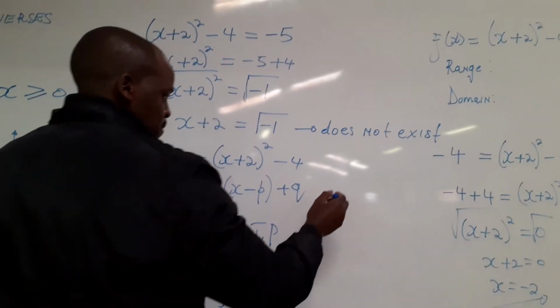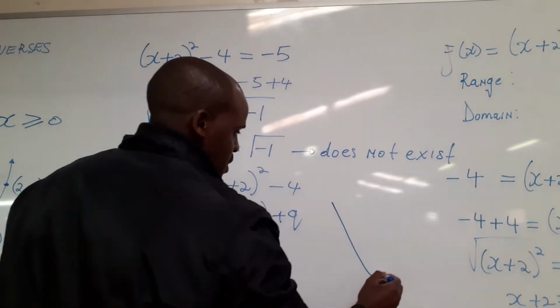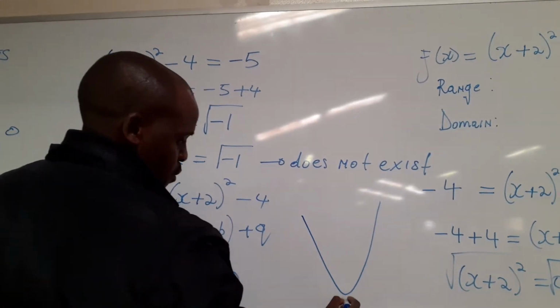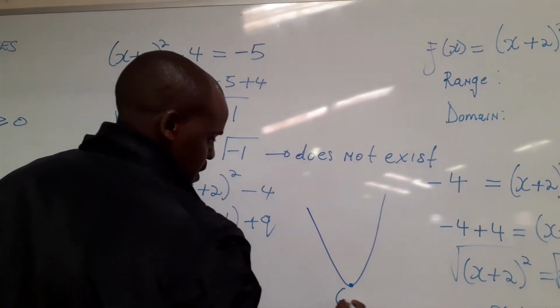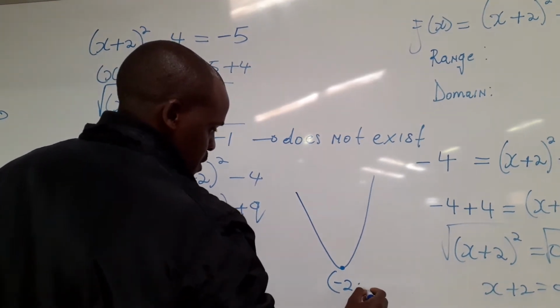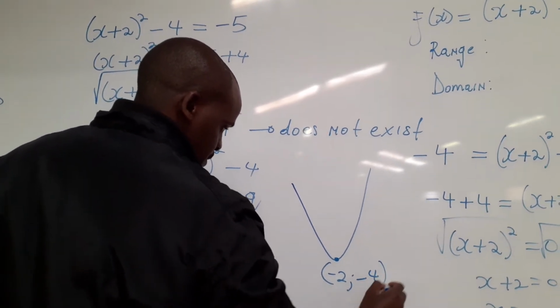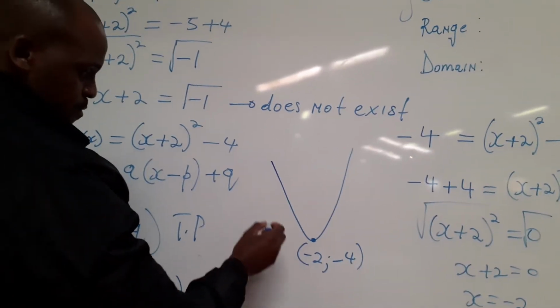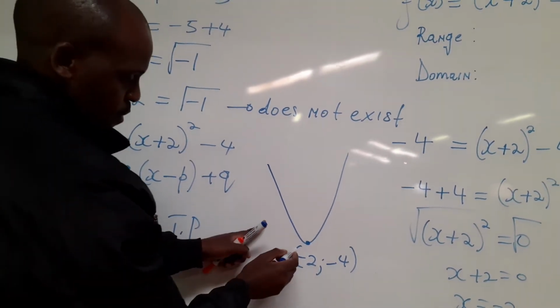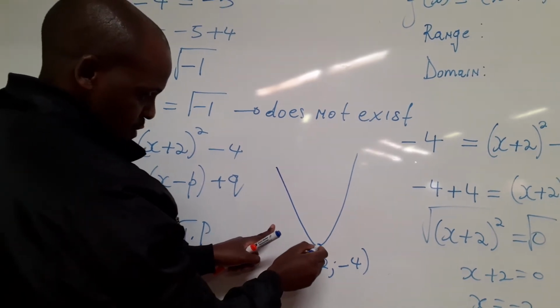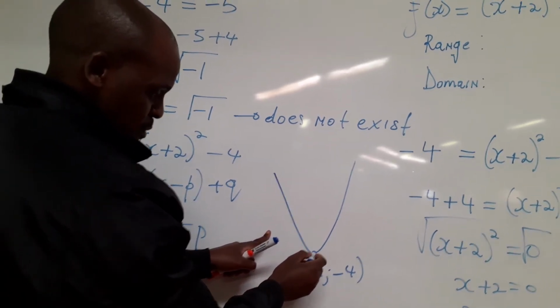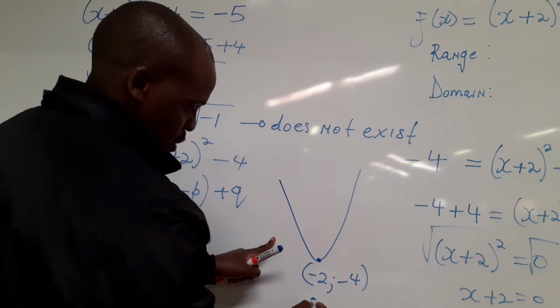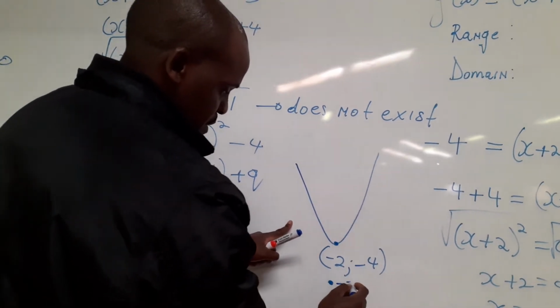For instance, let's say we have a graph with the coordinates negative 2, negative 4. When you are below this point, it's where we are saying we have negative 5.